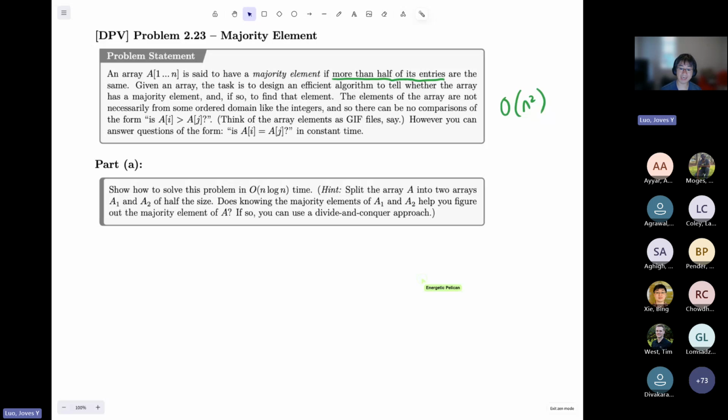And the only candidates for the majority of both sides combined are the two sides' candidate majorities. So think about it, let's just go with an easy example. I have 5x 4y, where 5x is a majority here.